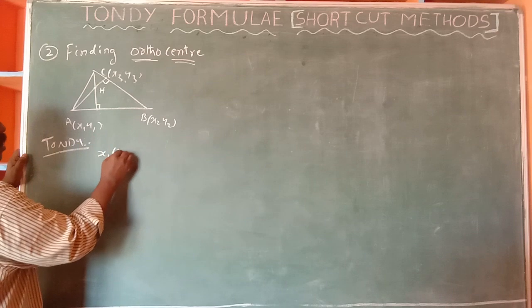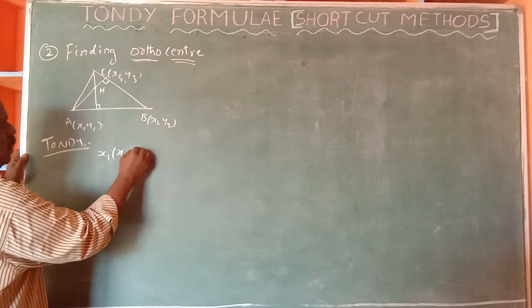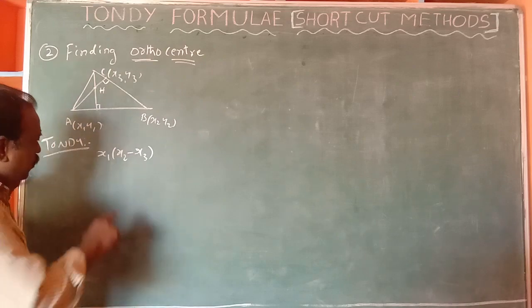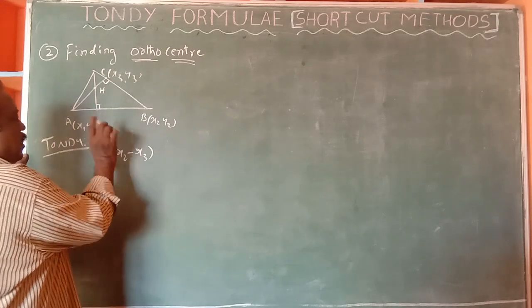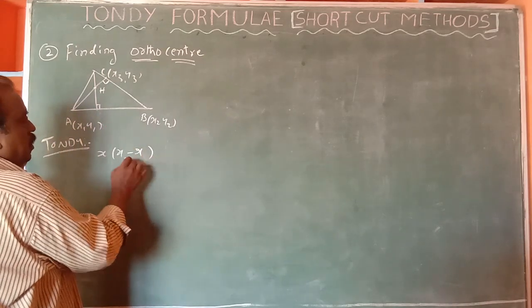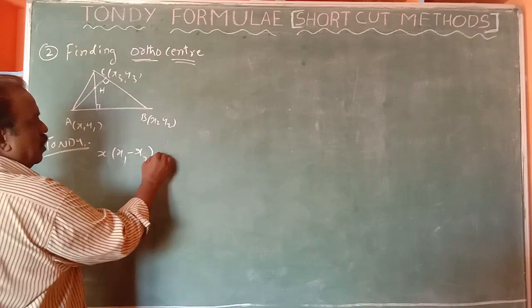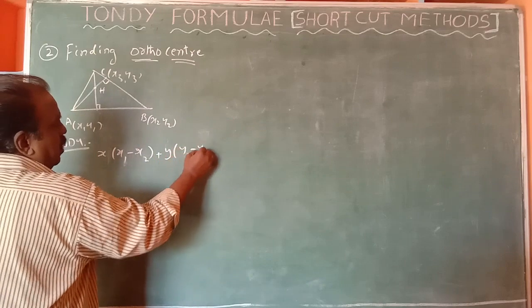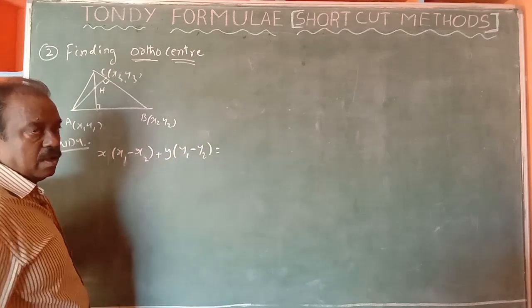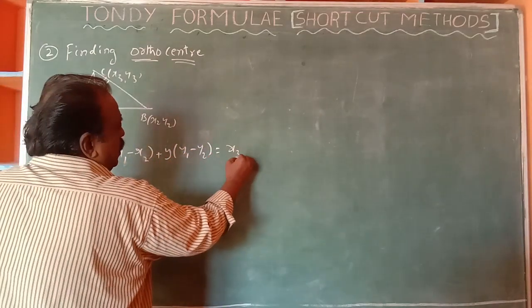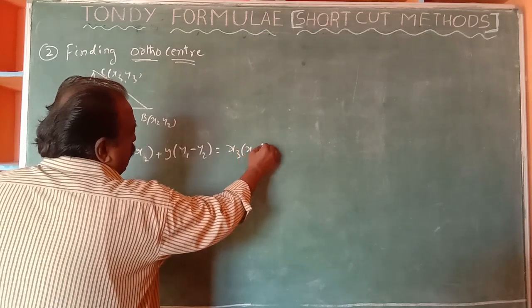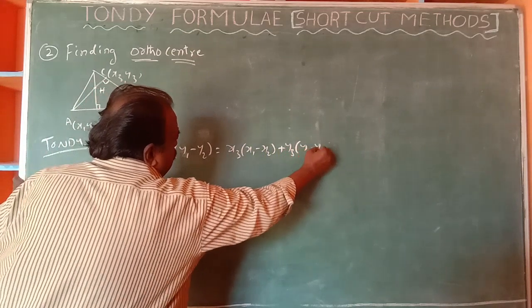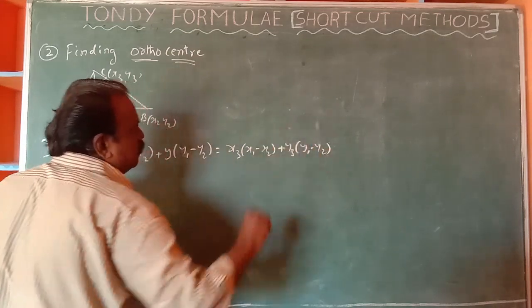It is x of (x1 minus x2) plus y of (y1 minus y2) is equal to x3 of (x1 minus x2) plus y3 of (y1 minus y2).